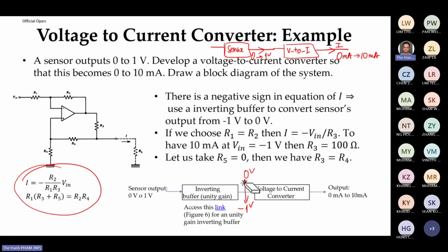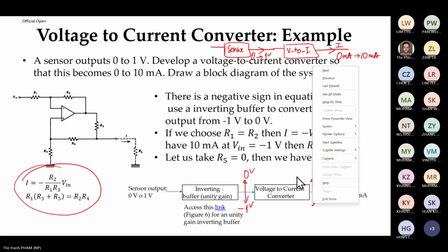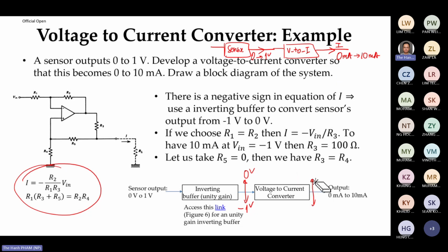So when I have something like this, and I multiply with the minus sign, my current should be positive, right? So what does that mean? It means that when I am at 0 volt, I should have 0 milliampere.